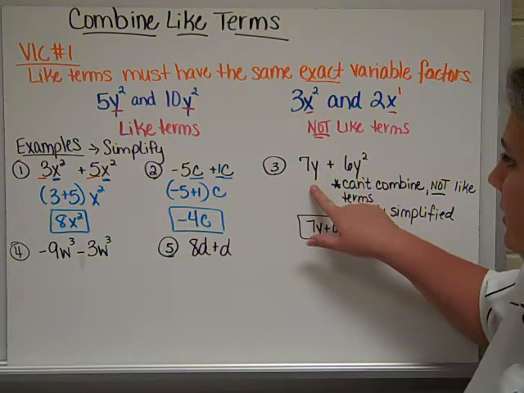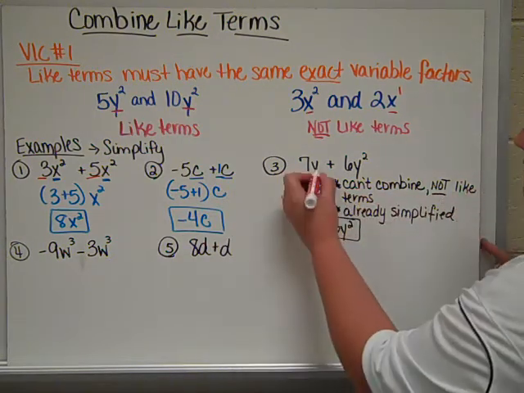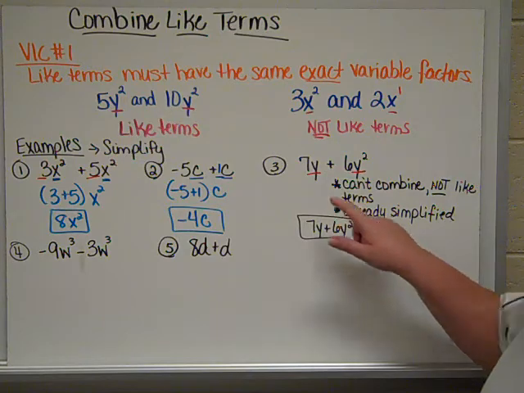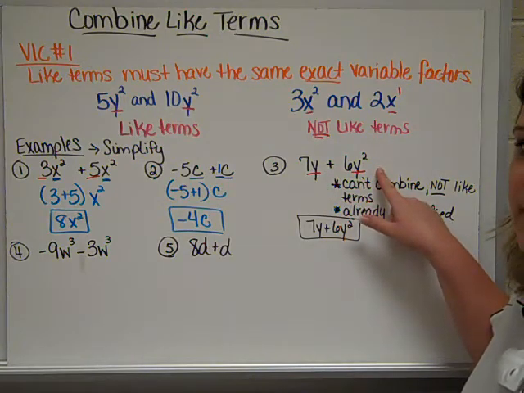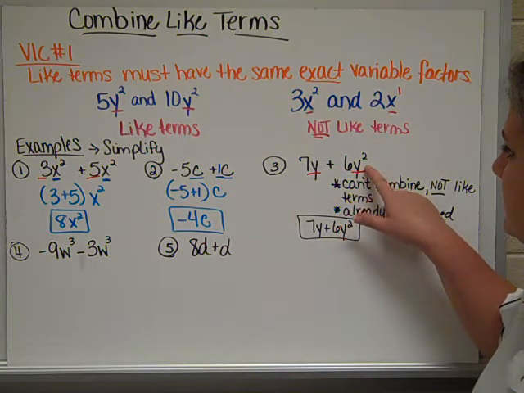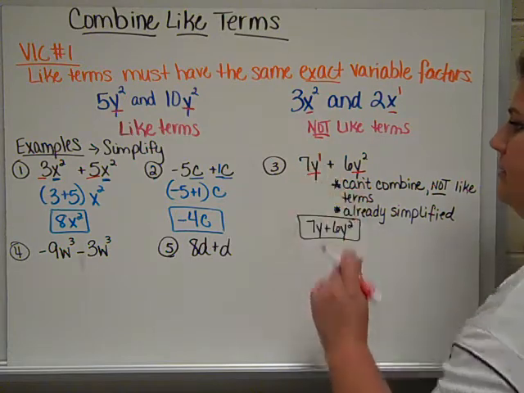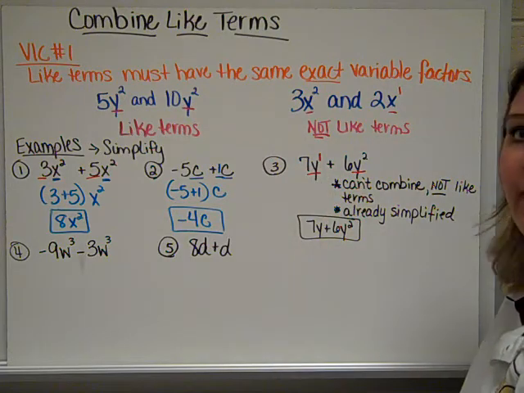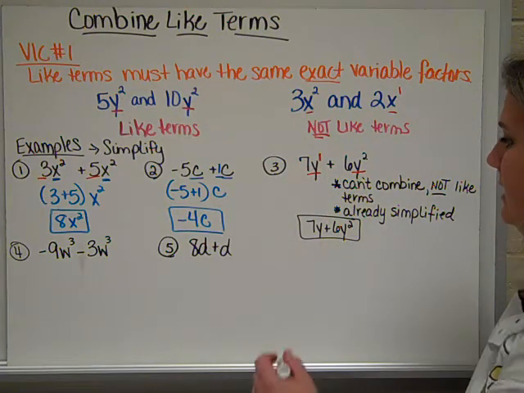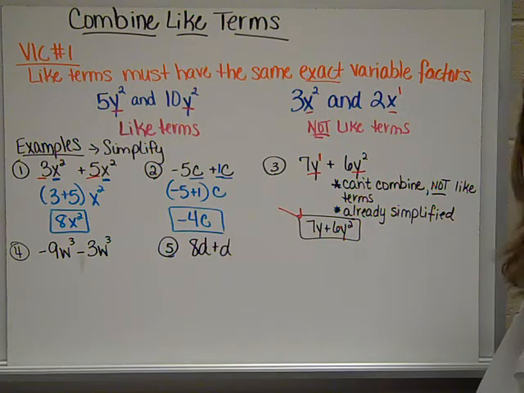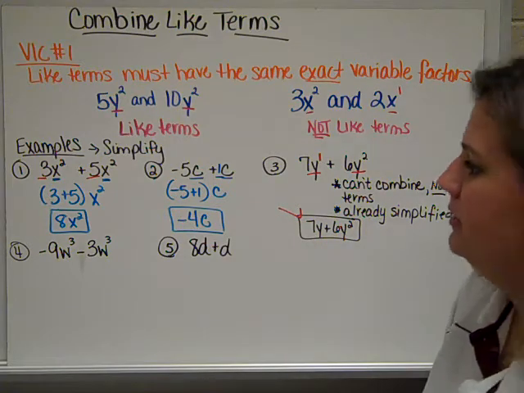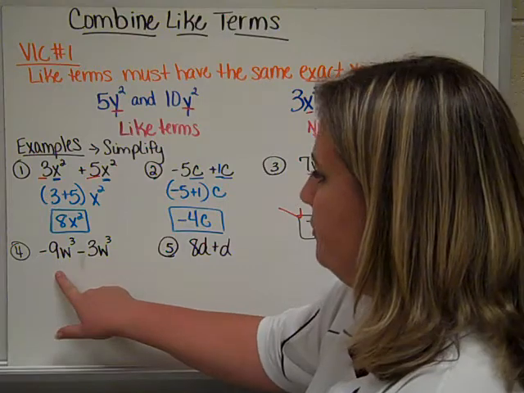Now if you look at this one, y and y squared, they do have the same variable, but it's not the same variable factors. This has an exponent of 2, and that one has an exponent of 1. You cannot combine those terms. They are already simplified in that form. Cannot combine them. All right, example 4.